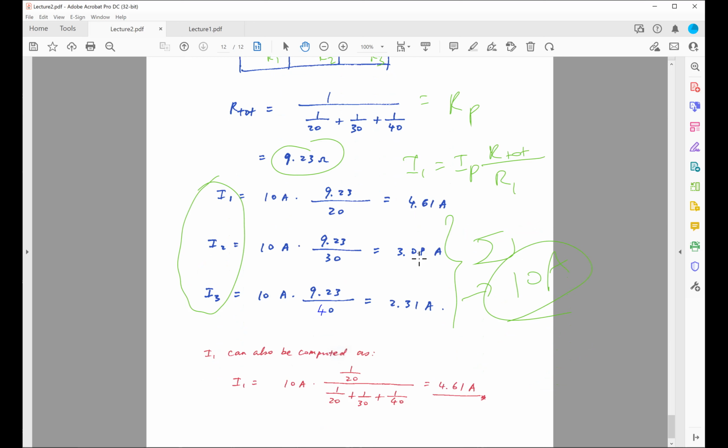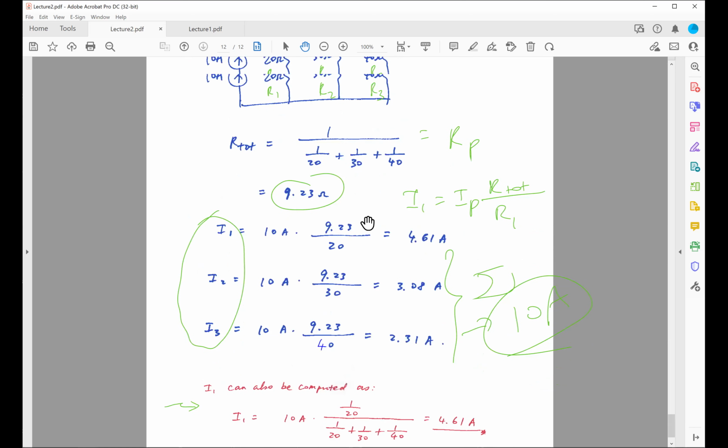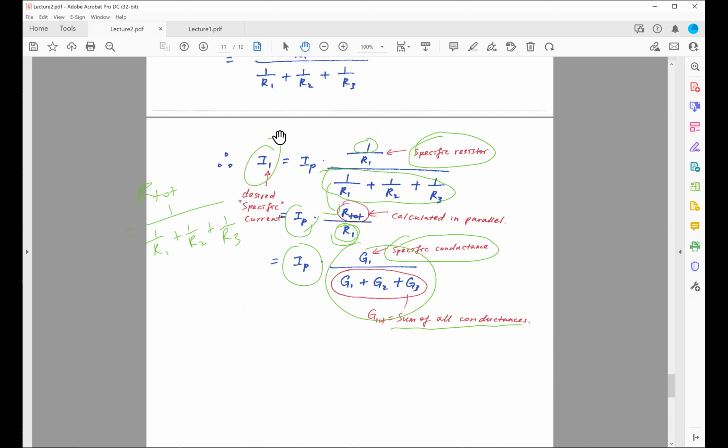All right, so lastly, I1 can also be calculated this way. Instead of using the second equation, let's try using the first equation. The first equation says I need to take 1 over the specific resistor divided by 1 over R1 plus 1 over R2.